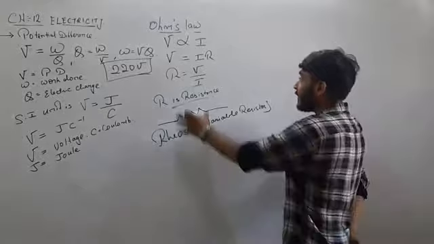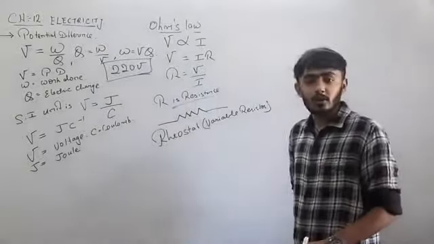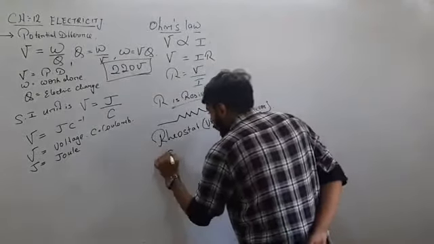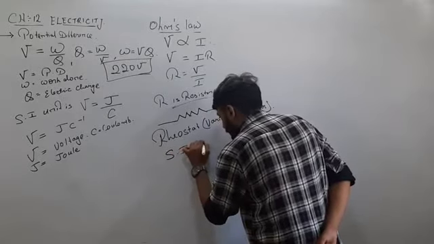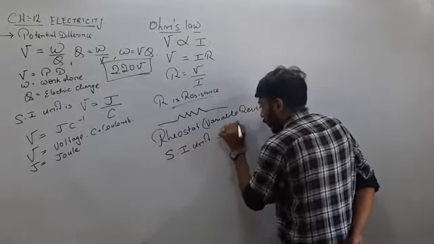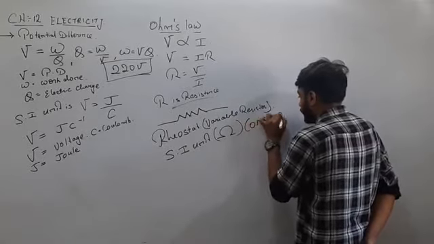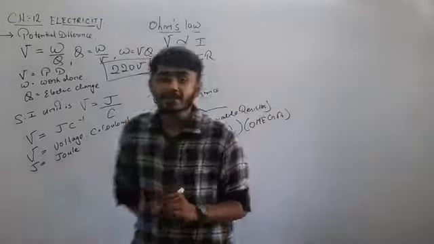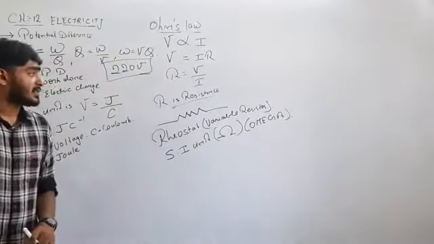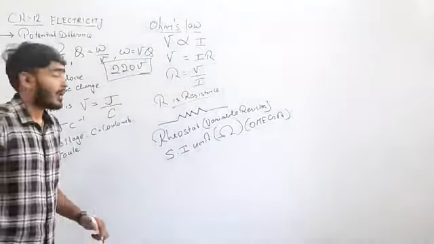Fine. Let us see the SI unit of Ohm's law. The SI unit of resistance is ohm, also known as omega. This is the SI unit of resistance.